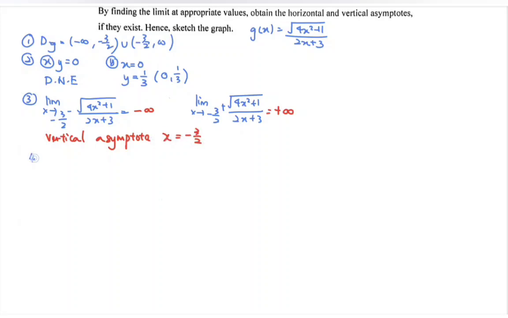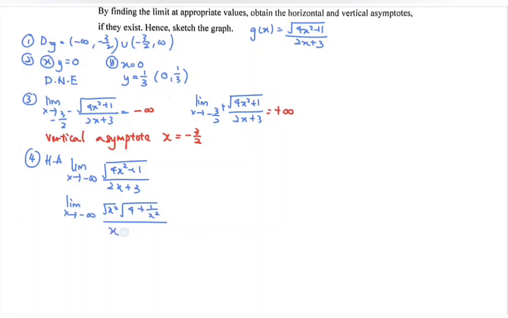Step number 4 is to find the horizontal asymptote. Limit when x approaches negative infinity. So here we have the square root of 4x squared plus 1 over 2x plus 3. Factor out the x. So from here we have x squared, then here we have 4 plus 1 over x squared, over x times 2 plus 3 over x. Based on this part, the square root of x squared will be negative x.